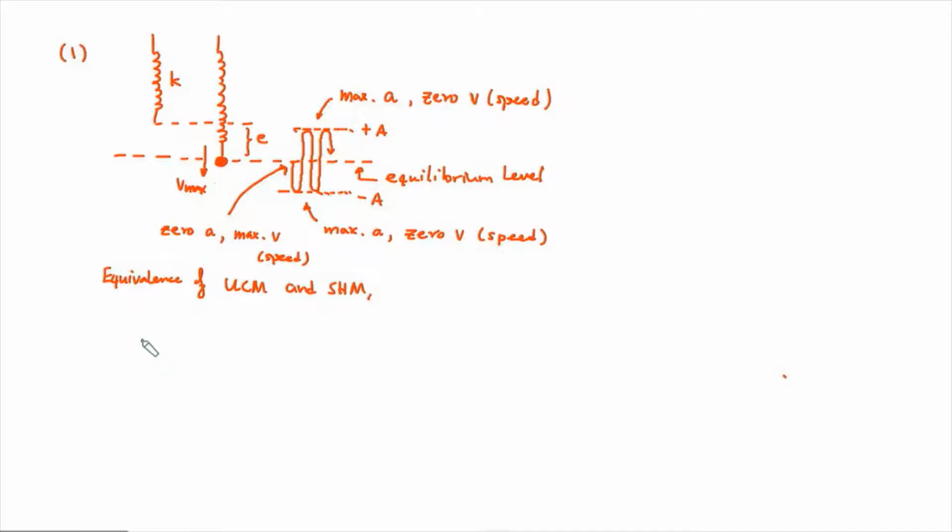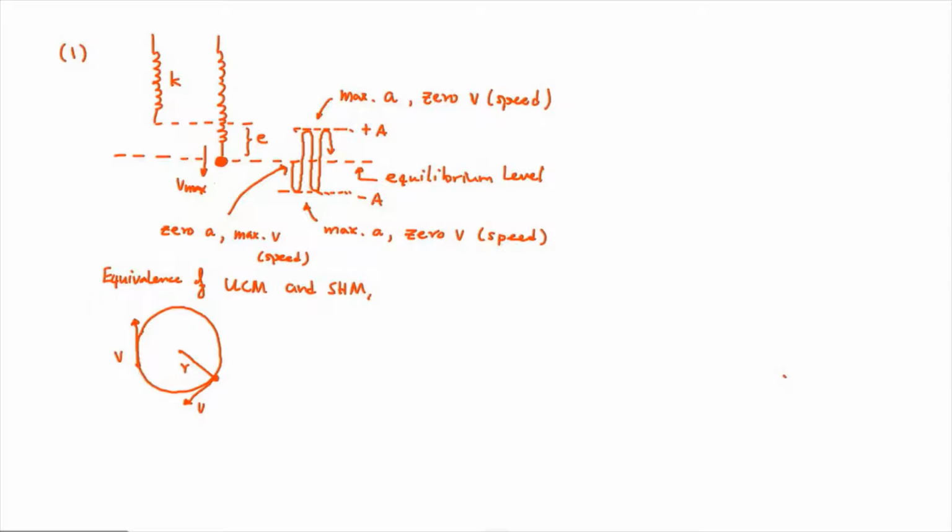So what does that mean? Let's say there's a particle that moves in a circular path like this, having a radius r. This is the particle, and it's moving in this orientation. Everywhere along this path the speed of the particle will be the same.